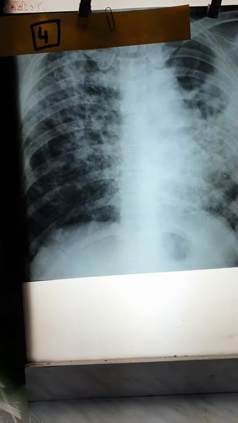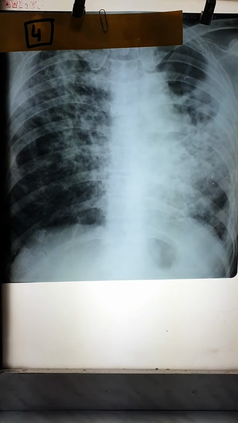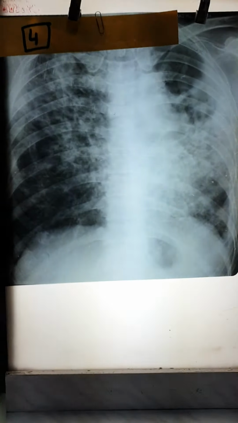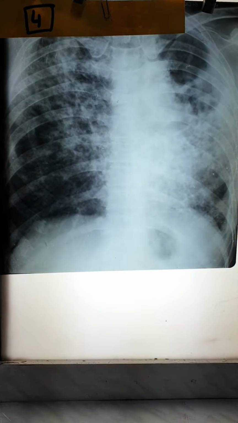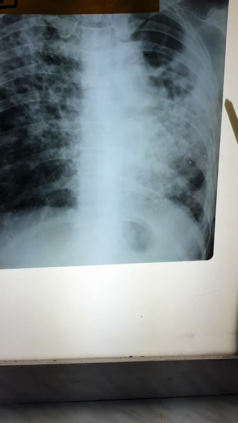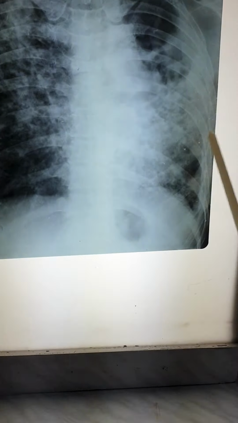Now another X-ray we will discuss right now. X-ray number 4. Yes, you see the cardiac shadow is normal. What you see, both lungs have ill-defined opacities.